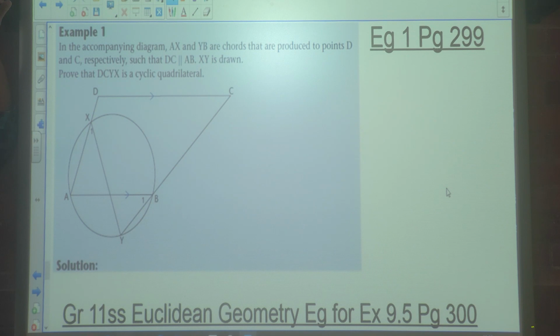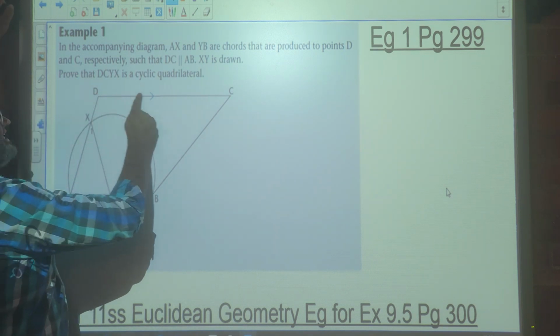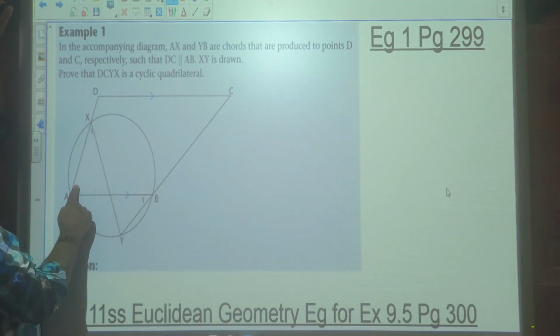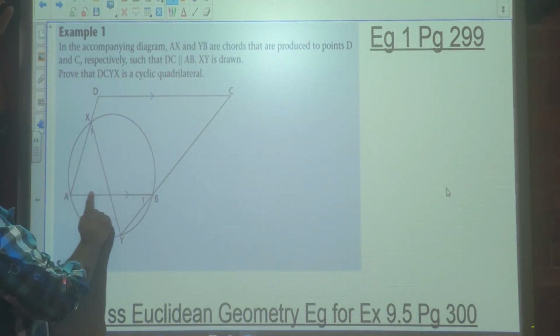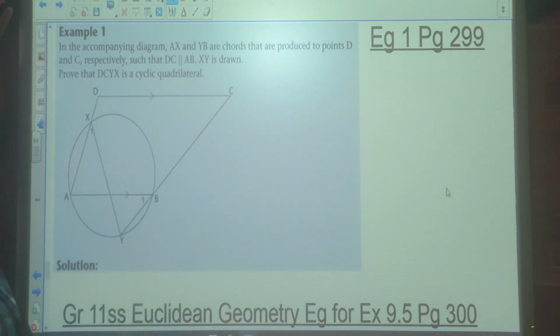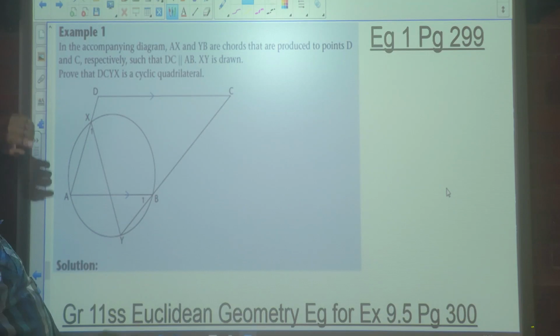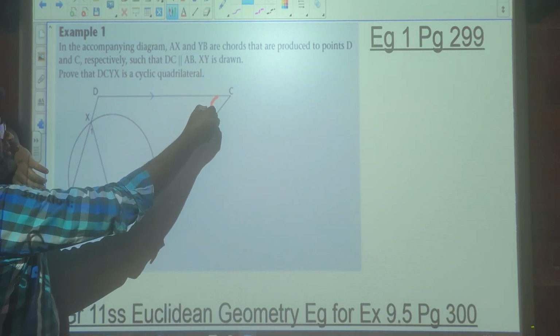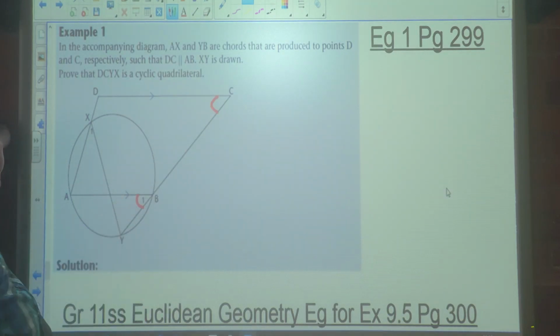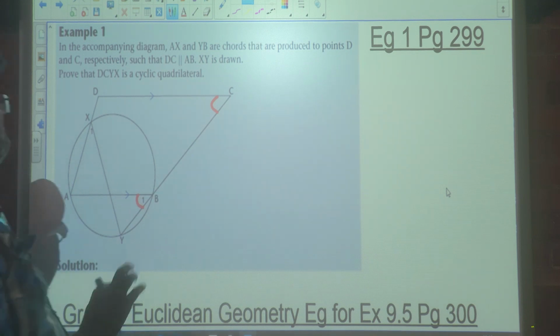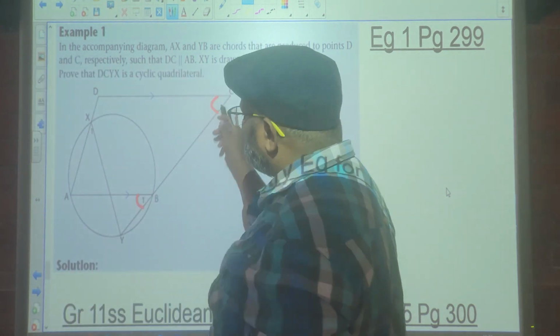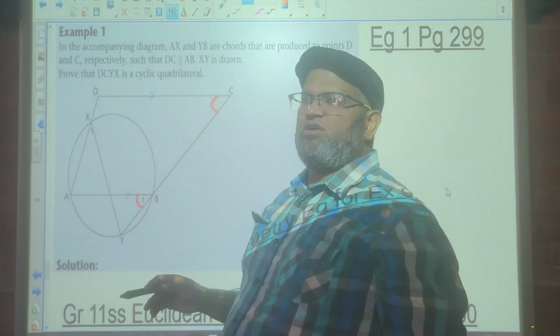Respectively means in that order. Such that DC is parallel to AB. People, if these lines are parallel, what do we know? We know that alternate angles are equal, corresponding angles are equal, and co-interior angles are supplementary. What do we know? That angle C is equal to angle D1. Why? Corresponding angles. We might need it or might not. Also, co-interior can be applied and so on. Okay.